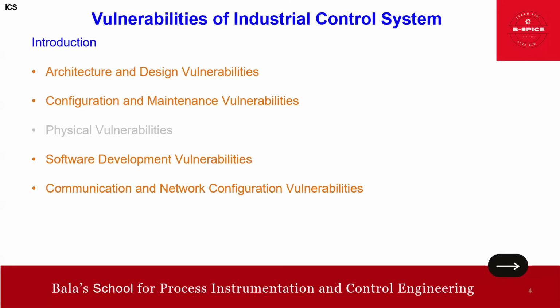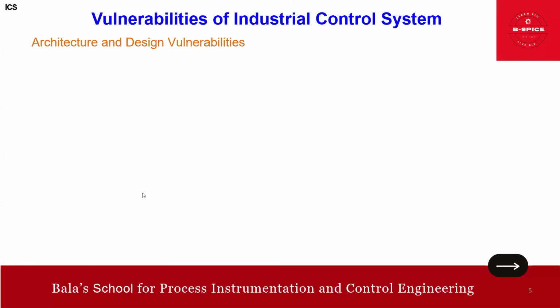Okay, friends? So I will dive deep into each of these aspects, except the physical vulnerabilities. When we talk about architecture and design, basically, there is inadequate incorporation of security into architecture and design during the design phase, right? Incorporating security into the architecture and design of ICS should be considered from the outset.